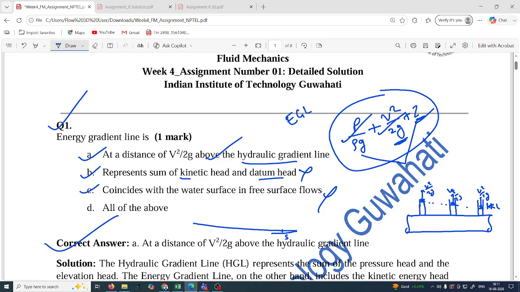If you join this line, it is your energy gradient line. So this is very simple. In case of open channel flow, what will happen? Let us suppose this is a free surface or water surface profile. This is the free surface and water is flowing from this side to this side.